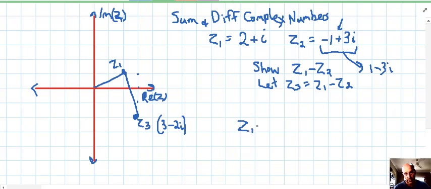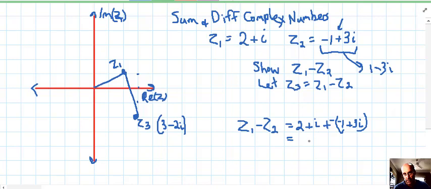And just showing with the way we've done it in the past, if Z3 equals Z1 minus Z2, we've got 2i plus the negative of Z2, which is negative 1 plus 3i.